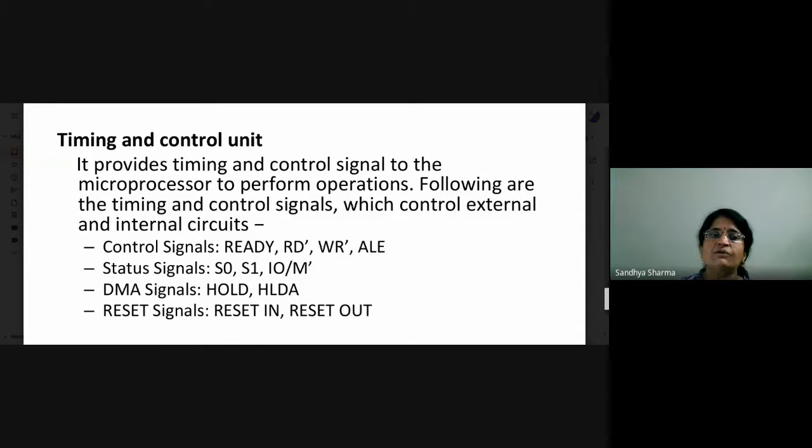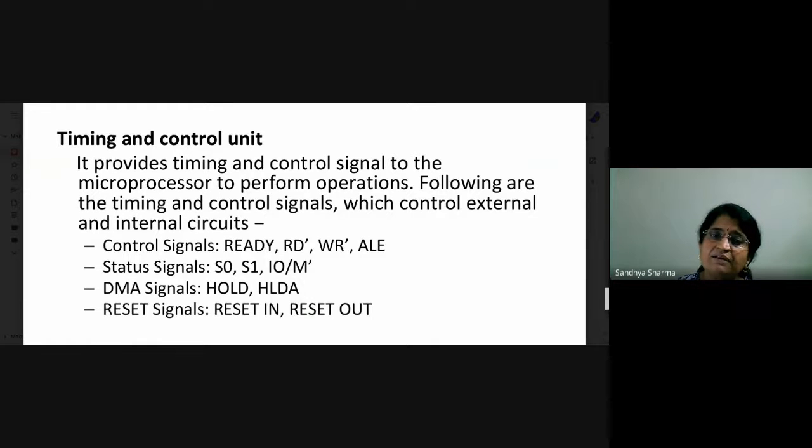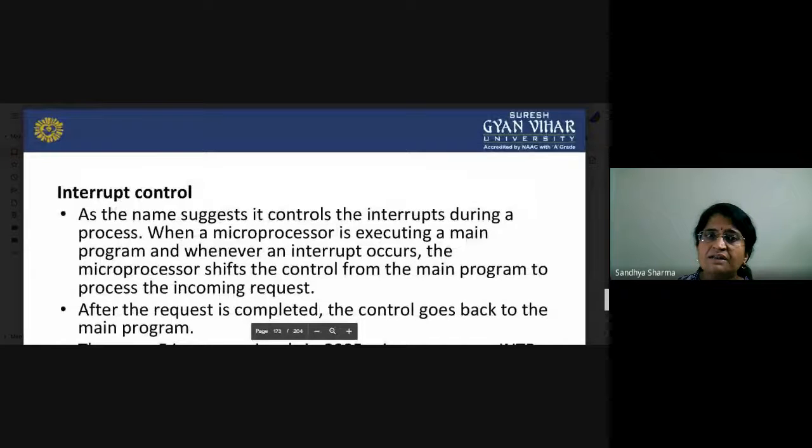The status signals are S0, S1, input/output, memory. DMA is used when we attach external devices, depending on the speed of those devices and the speed of the microprocessor, so we have to use HOLD and HLDA. Reset signals are also there: reset in and reset out. These are the different commands we use in our microprocessor, and there is a separate pin for the execution of these timing and control signals.